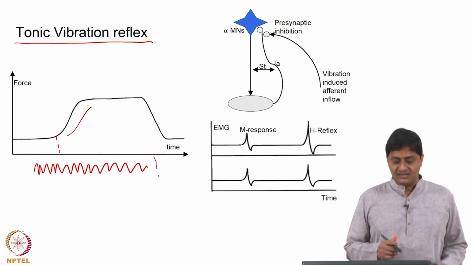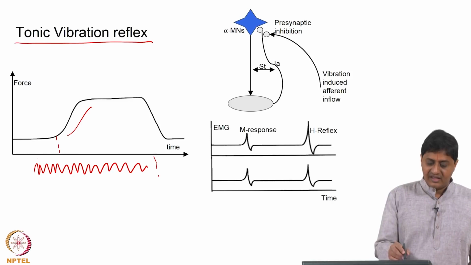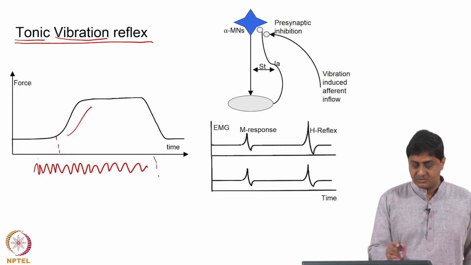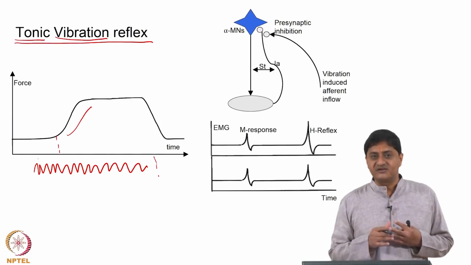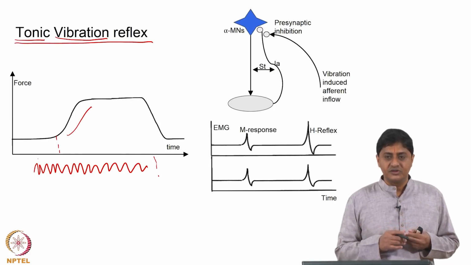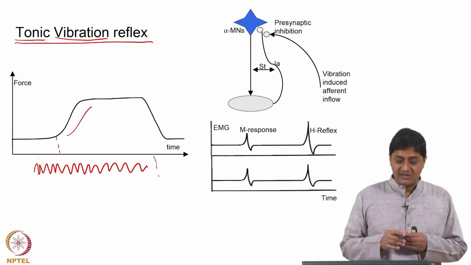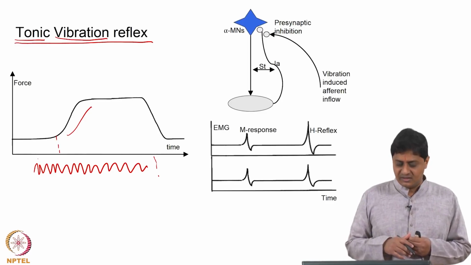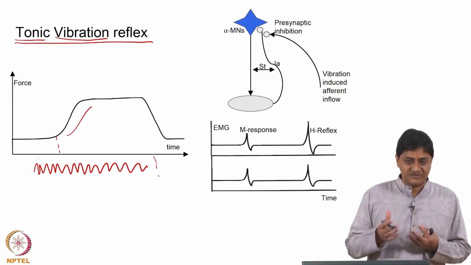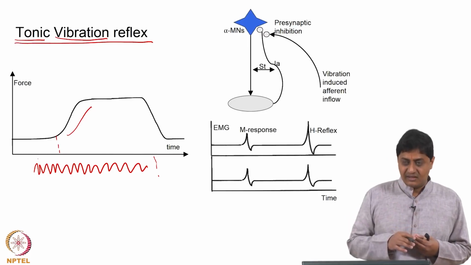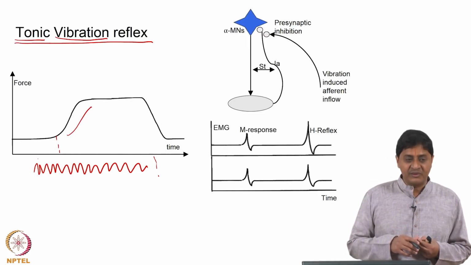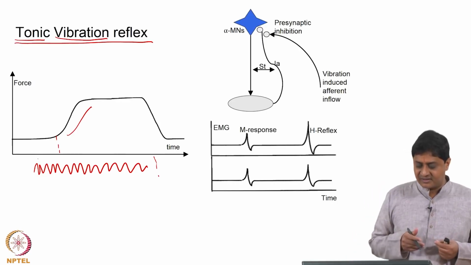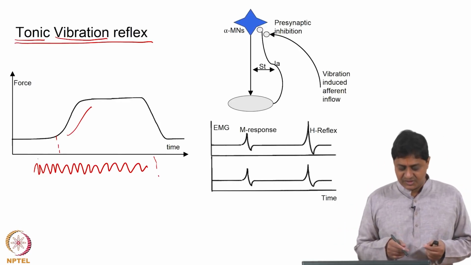By the way, let us look at these terms: tonic vibration. Tonic in some sense refers to steady state levels, whereas vibration by definition involves high frequency change of something. These incompatible terms somehow become compatible in the case of the muscle reflex that is produced.